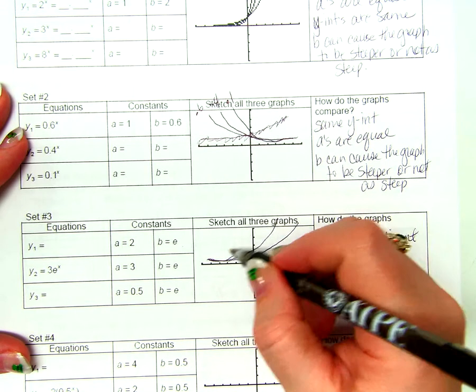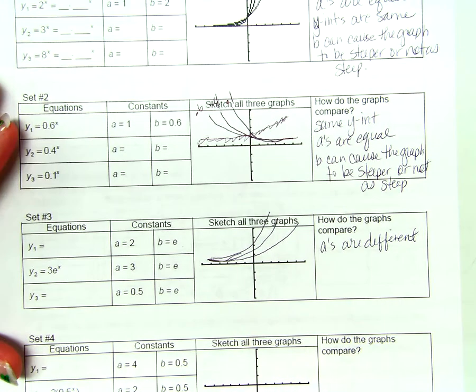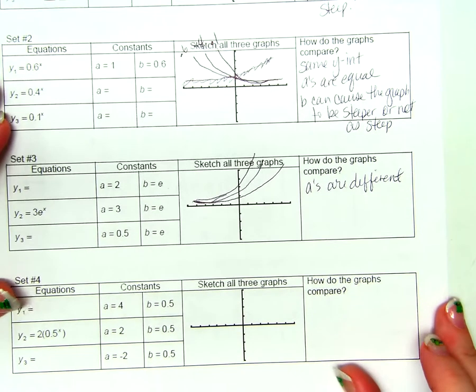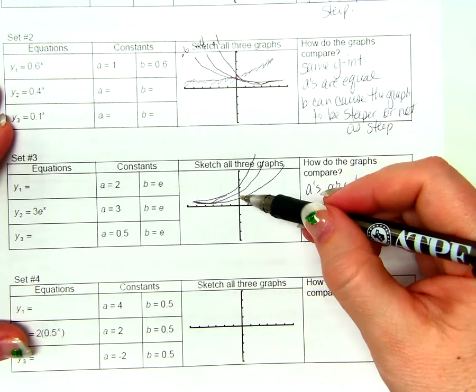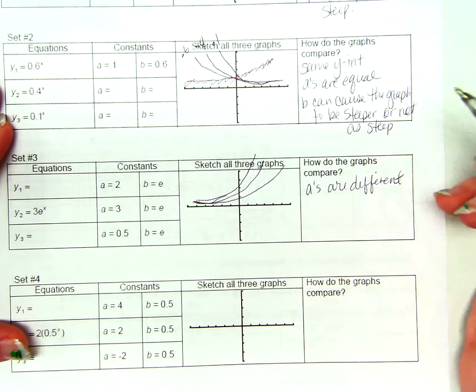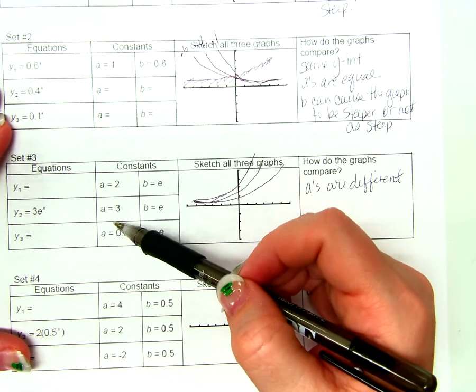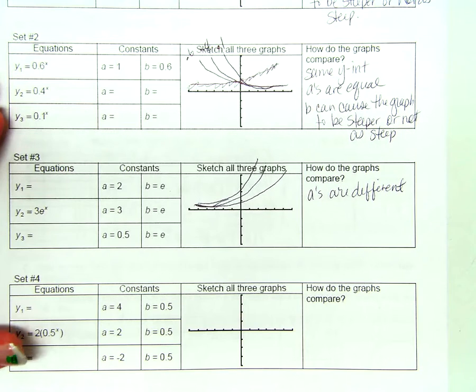Yikes, my drawing skills today are not good. I'm sorry. So what's that causing? Are they all going through 0, 1? Not anymore. So what's A usually do? In all of our other transformation conversations, what does A usually do?